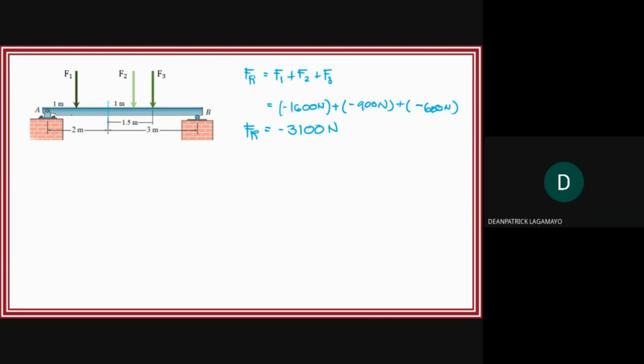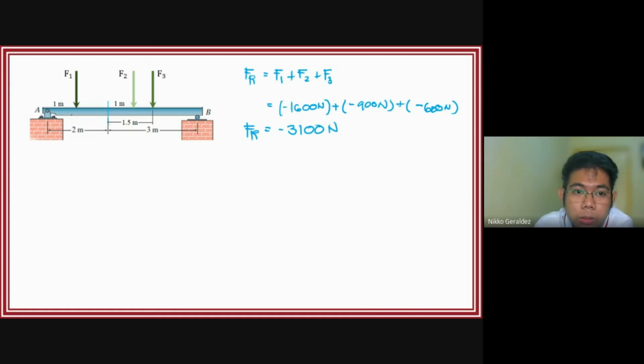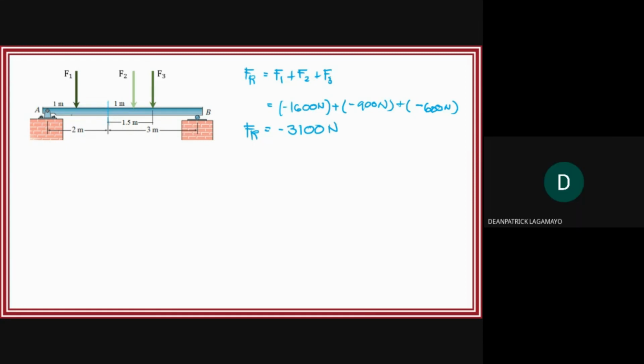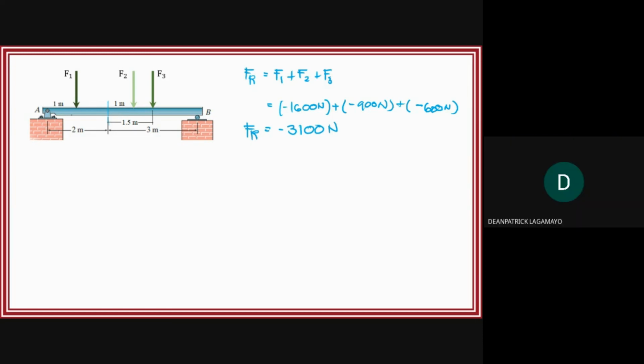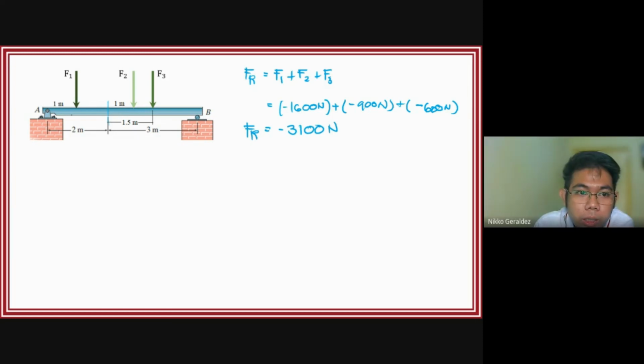Next, position. F1 is 1 meter from point A. F2 is 2 meters plus 1, so 3 meters from point A. And F3 is 2 plus 1.5, so 3.5 meters from point A.